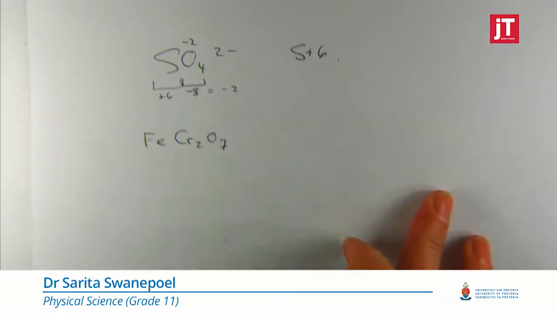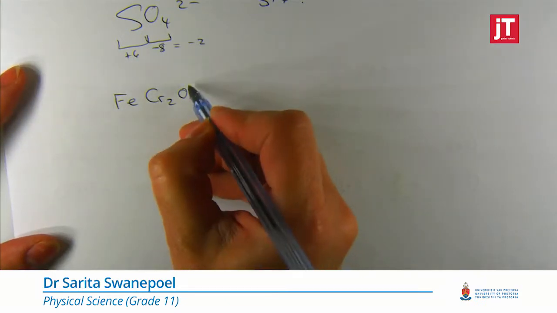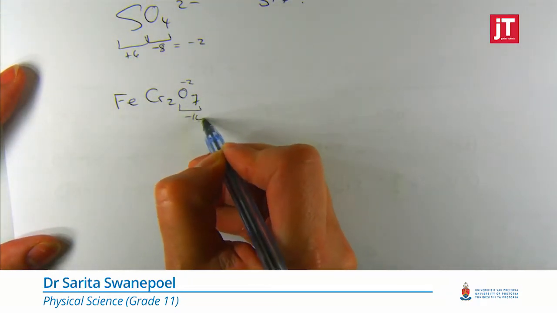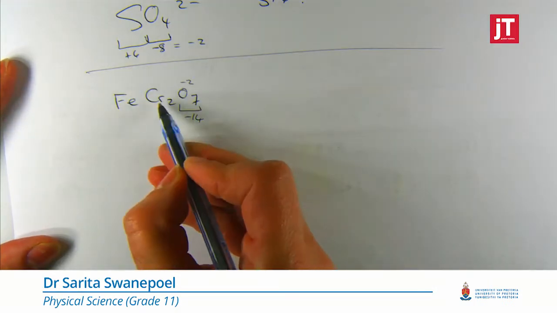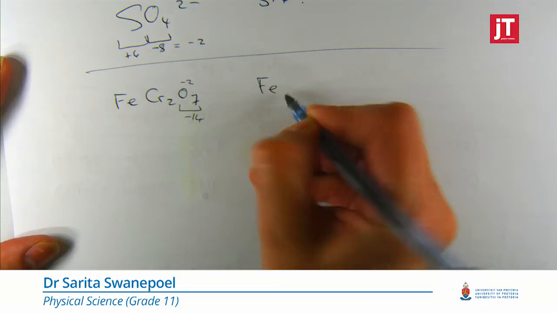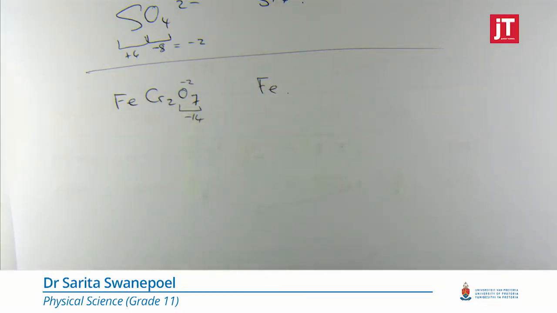Now this looked like a problem because I know the oxygen is minus 2. That gives you minus 14. But I don't know the chrome, and they're not asking the chrome. They're asking the iron. So here we need your knowledge of the ionic table.